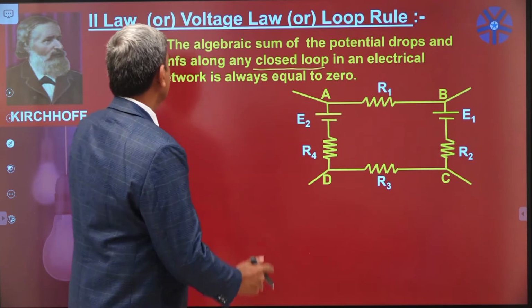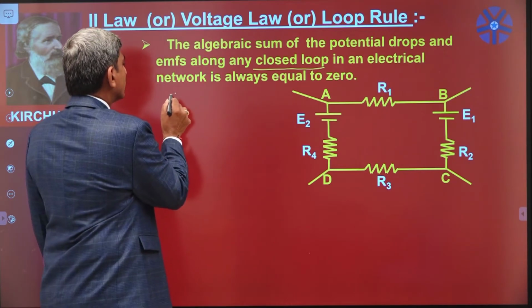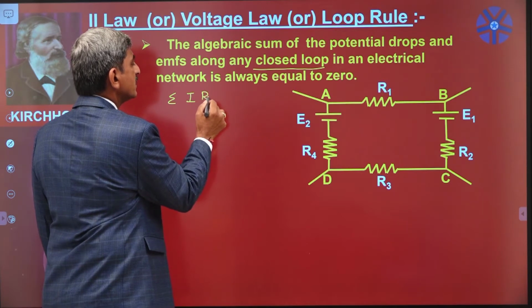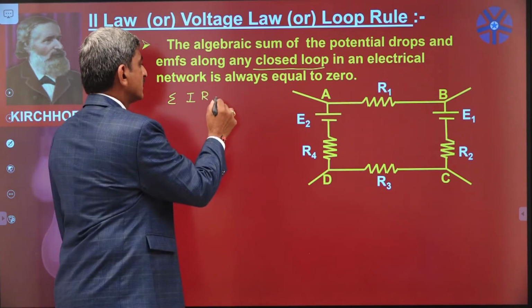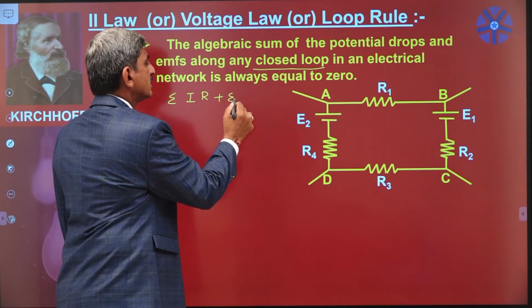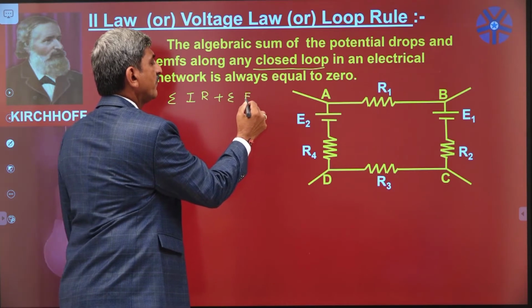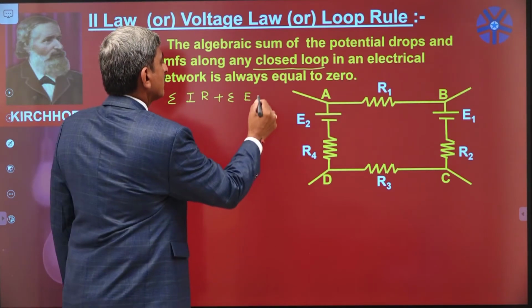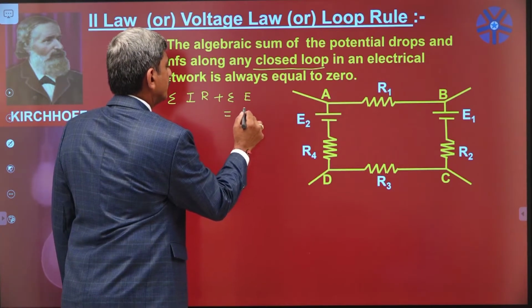So mathematically, sigma IR, where IR is the potential drop, I is the current, R is the resistance, plus sigma E for the EMF of the battery, is always equal to 0.